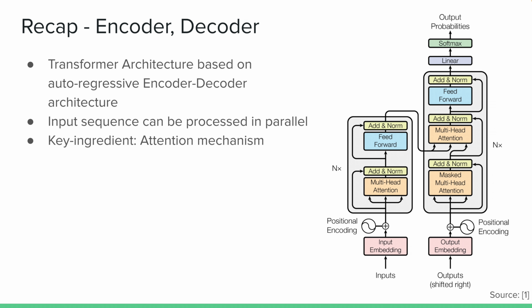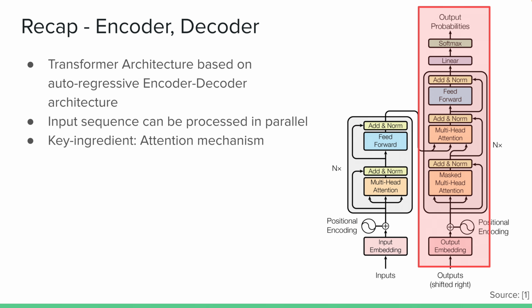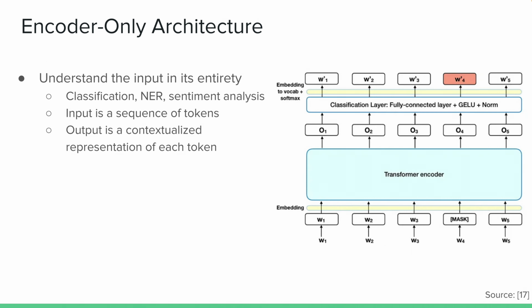You can see in the diagram on the right how the encoder takes in the input, processes it through multiple layers of attention in a feed-forward network, and how the decoder generates the output probabilities based on the encoder information and past predictions. Now, in the encoder-only setup, the model's main goal is to understand the input in its entirety.